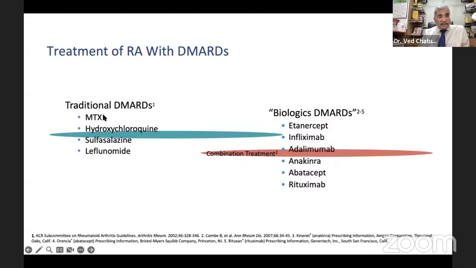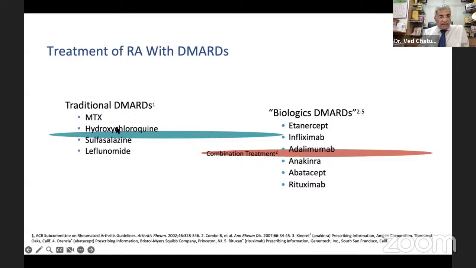If methotrexate is not tolerated or does not work, you wait for about 3 months. So you use methotrexate for 3 months in a good dose, say about 15 milligram. If it is not working, make it 20, 25. And in 3 months, if you realize it is not working, then you can either use a combination.